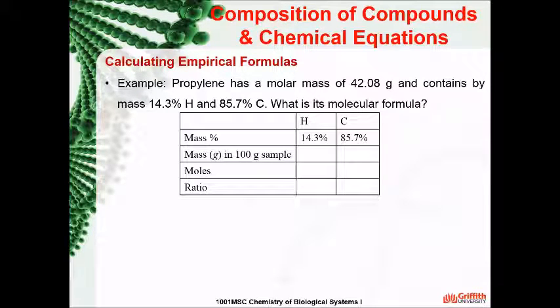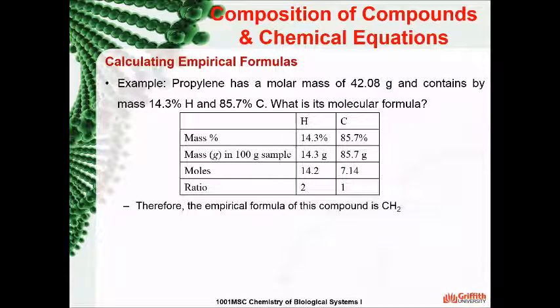We use the same table plan. Calculate to grams by assuming you have 100 grams of sample. Calculate number of moles by dividing mass over molar mass. Divide by the smallest number of moles, which is the carbon, the ratio is 1 to 2. So we have 1 carbon and 2 hydrogens, and the empirical formula is CH2.